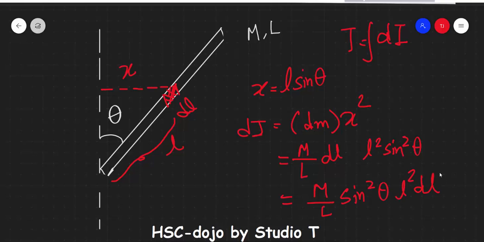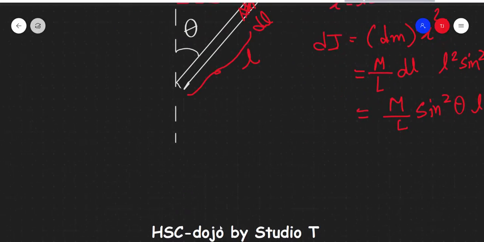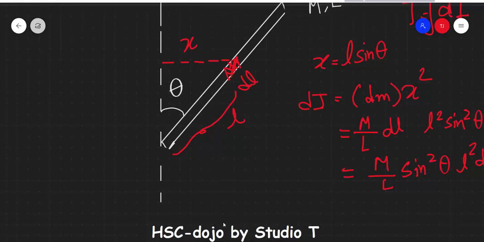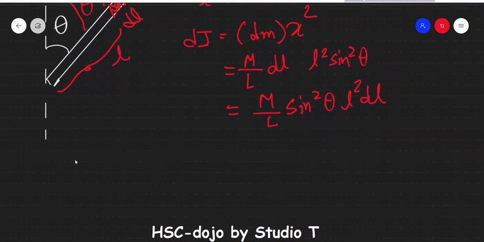Now to evaluate the moment of inertia of the entire rod about this particular axis, we have to integrate this. So here's the fun part. First see, along the entire rod theta is constant, right? Theta is the same everywhere, so sine theta will be the same everywhere. So in this particular case sine theta is constant, so we can take it out of the integral.